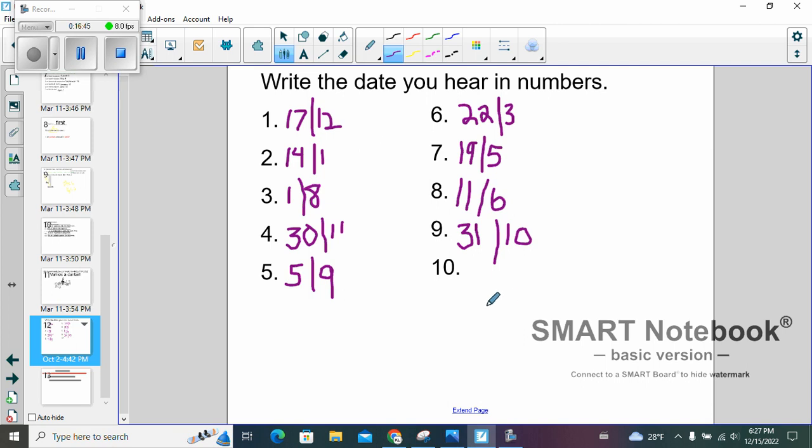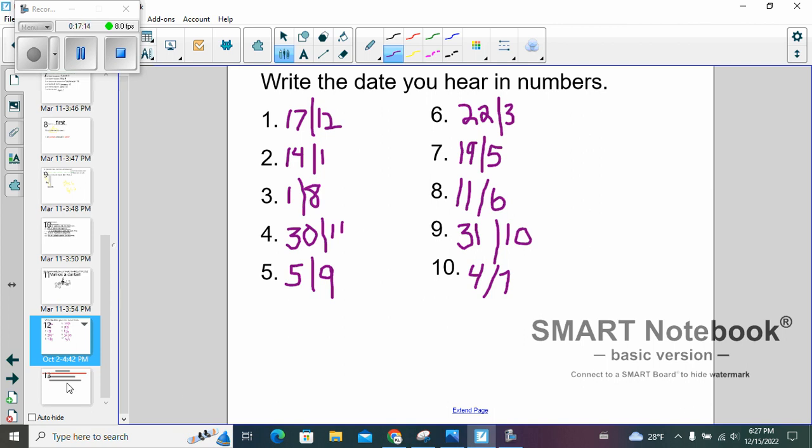And lastly, es el 4 de julio. Here's the answer. It is July 4th, which would be 4/7 in Spanish.